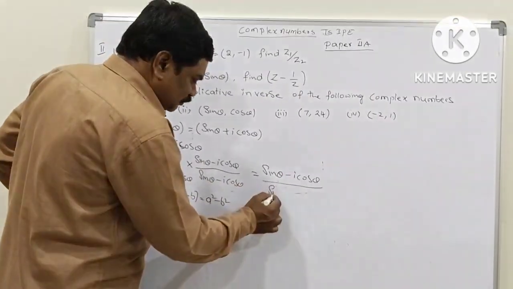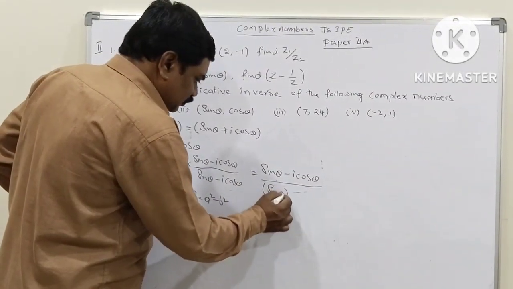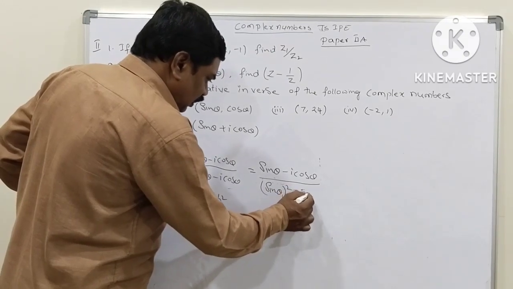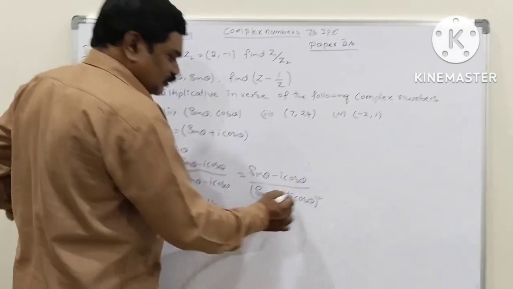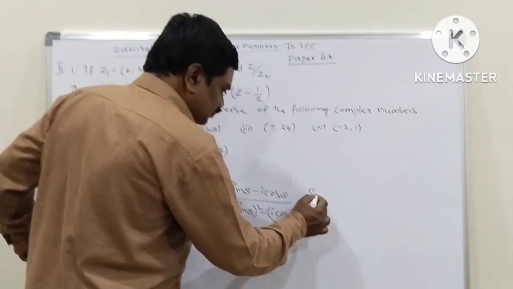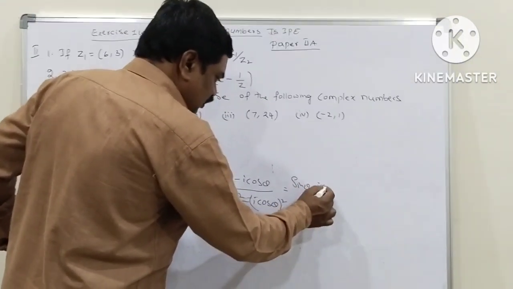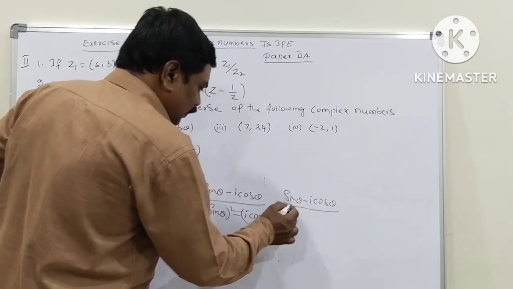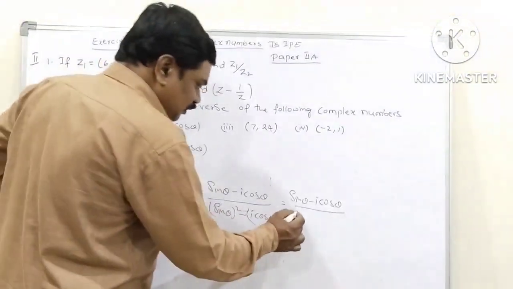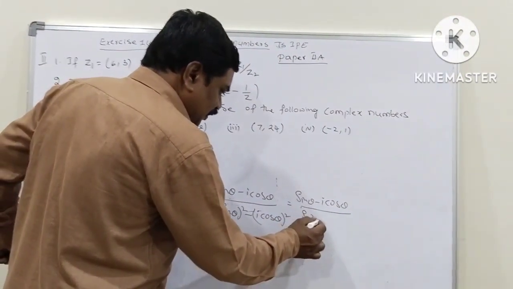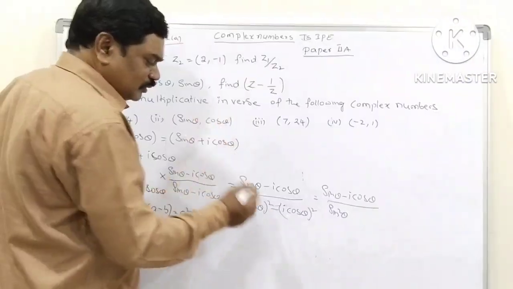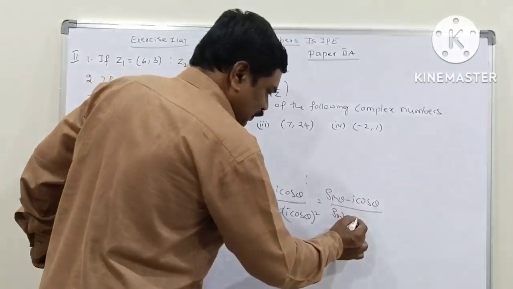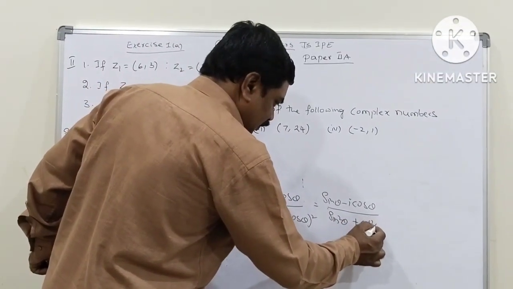So this is (sin theta) whole square minus i into (cos theta) whole square. In the denominator, sin square theta, i square is minus 1, minus into minus plus cos square theta.